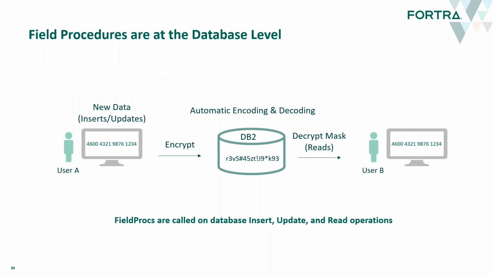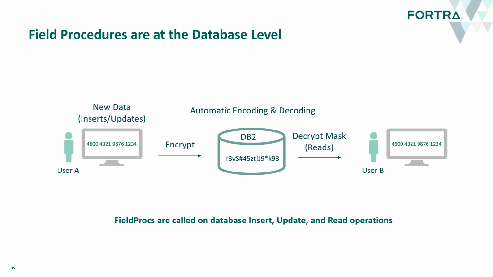Because the field procedures are done at the database level, it is a fairly straightforward process. When those field procedures get called is on inserts, updates and read operations. So whenever someone is putting data into that database, the field procedure program will be called. It will automatically encrypt that data.